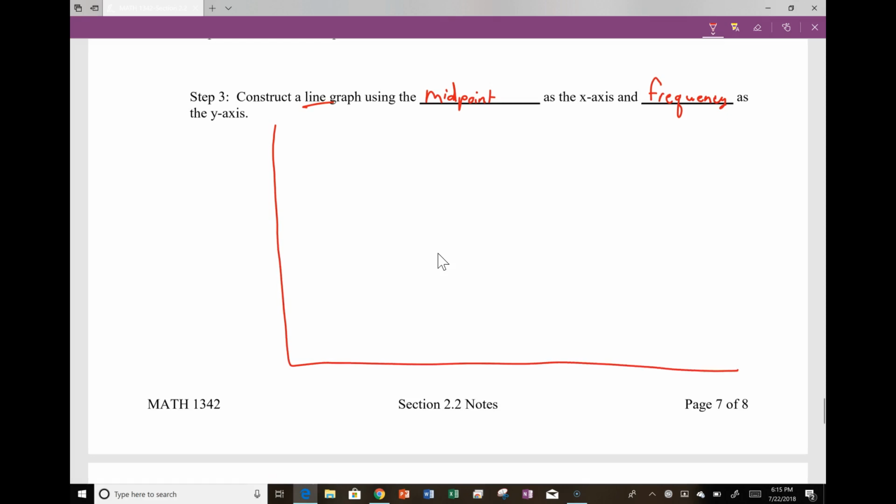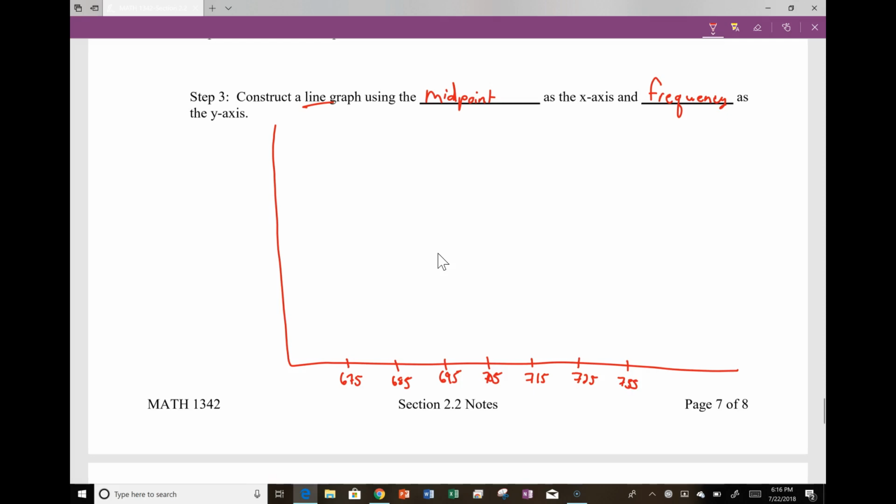My first midpoint was 675, 685, 695, 705, 715, 725, and 735.